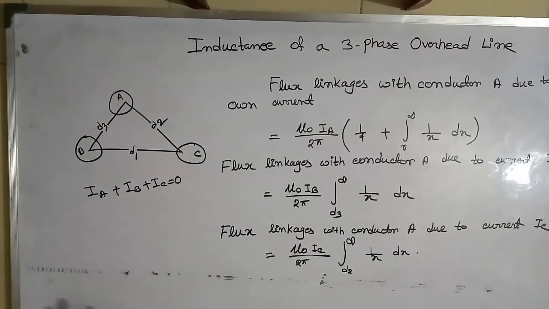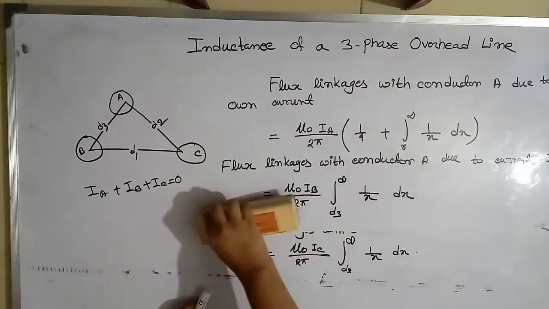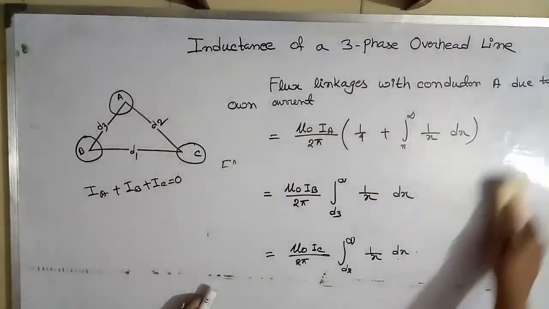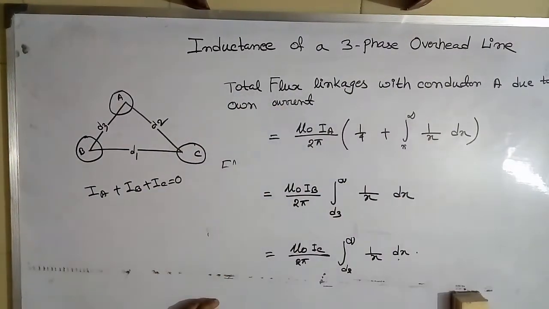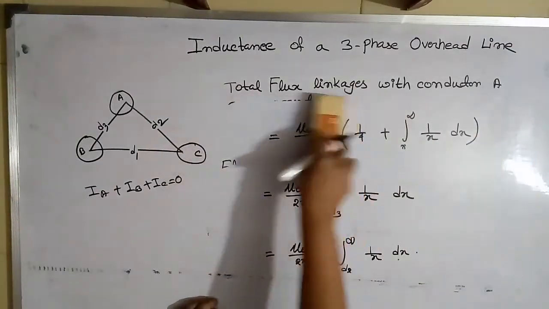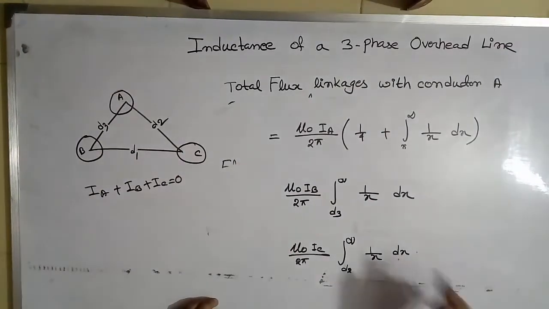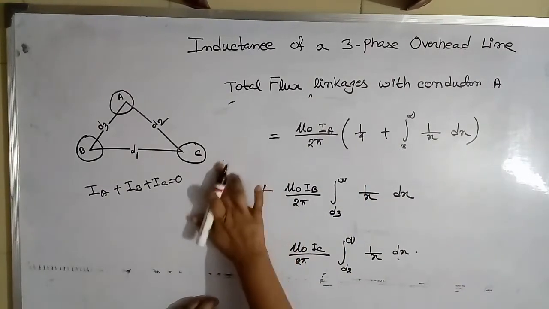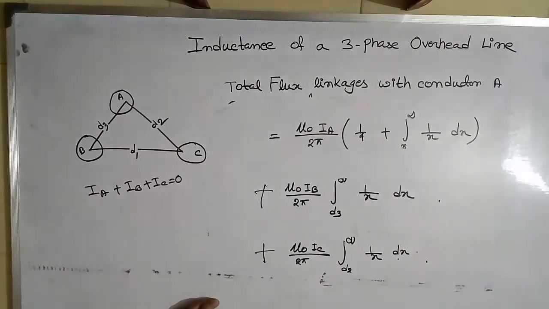Now total flux linkages with conductor A is equal to flux linkages due to its own current plus flux linkages due to current IB plus flux linkages due to current IC.